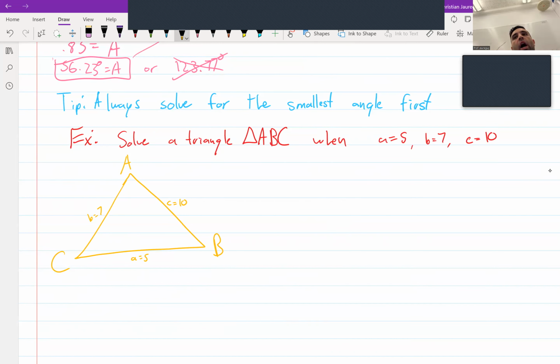Well, it's going to be the one opposite the smallest side, which would be big A. So I know I want a cosine of A in the problem, which means I should see an A squared first. 5 squared equals the other two sides squared minus 2 times the other two sides, 7 and 10, times cosine of A.